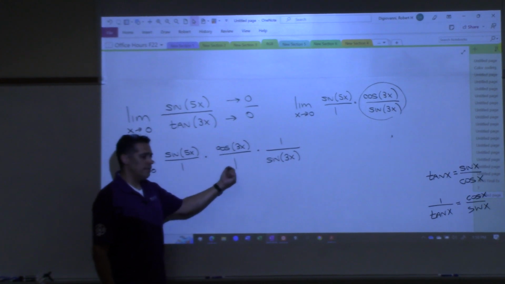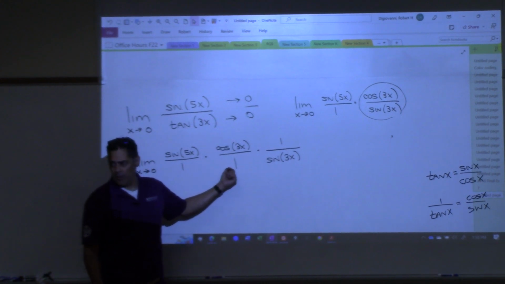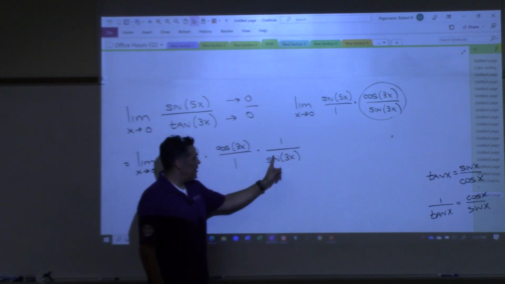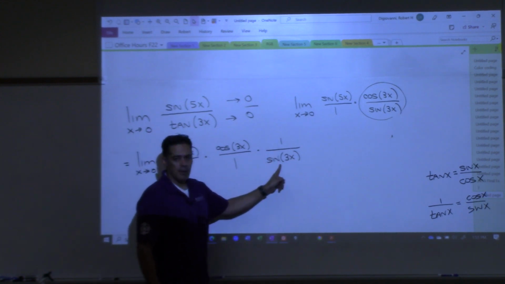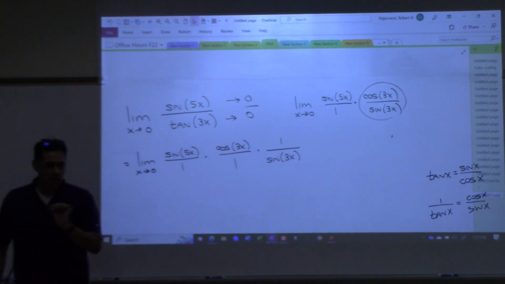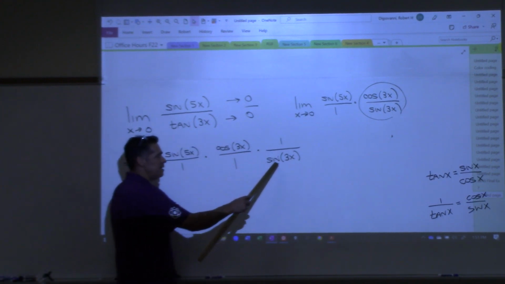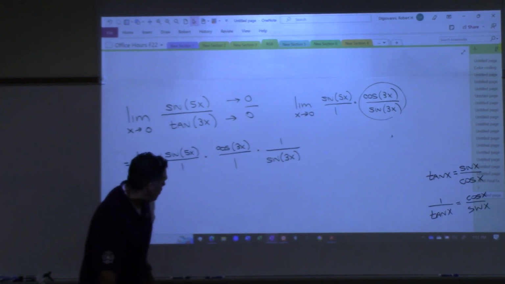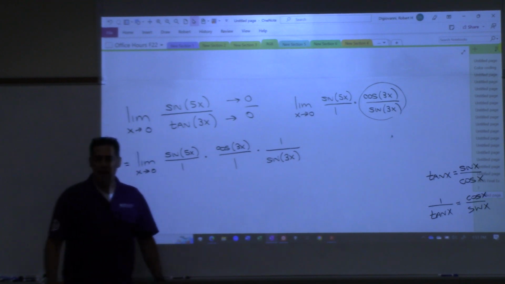What's 1 divided by 1? 1. Is that a problem? No. So far it's 0 times 1. Then I get to here and it's 1 over 0. That's a problem. So I've identified the piece that's causing the issue. That's a bad thing.